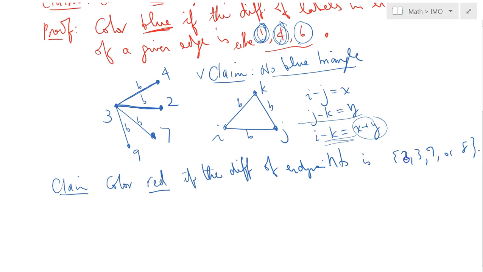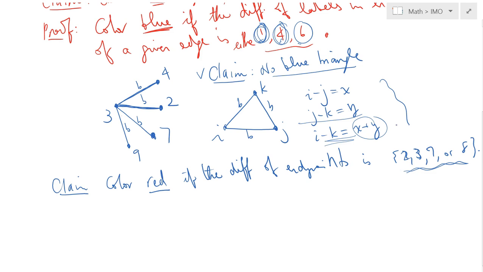Again, there does not exist any element in this set which is equal to the sum of any other two elements from that set. So as a result, we won't find any red triangle from among these edges by the same reasoning and arguments.